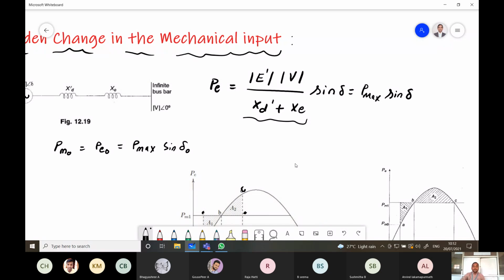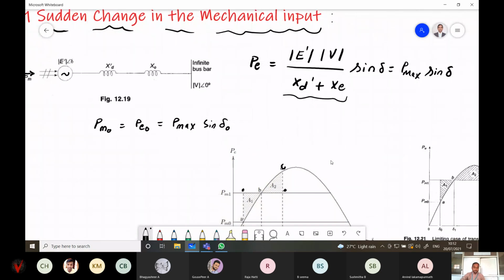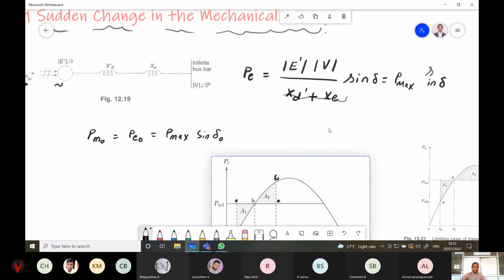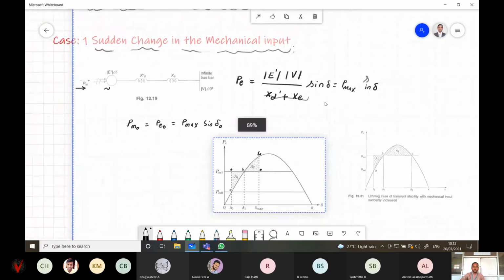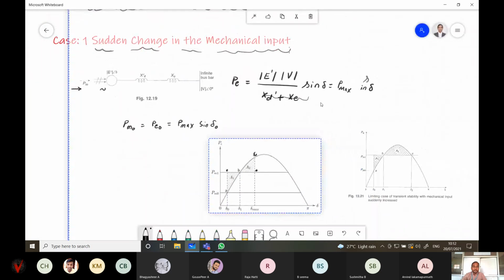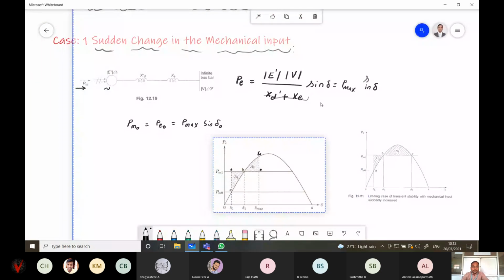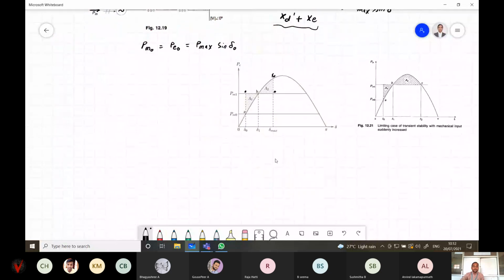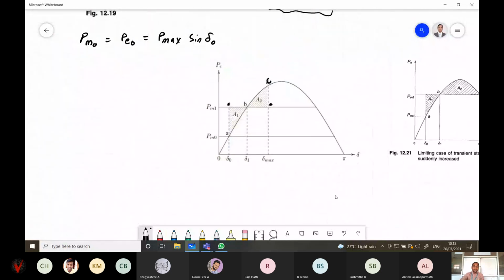Okay, so this is indicated at this point A. Consider this figure number 1. This is the equal area criterion, and this is considered as figure number 2.